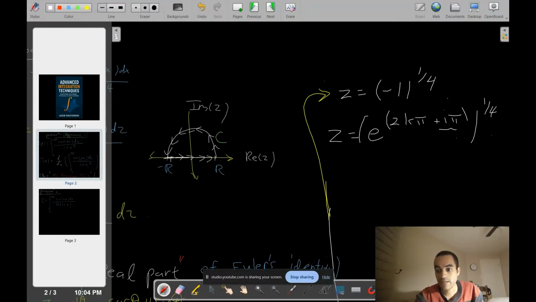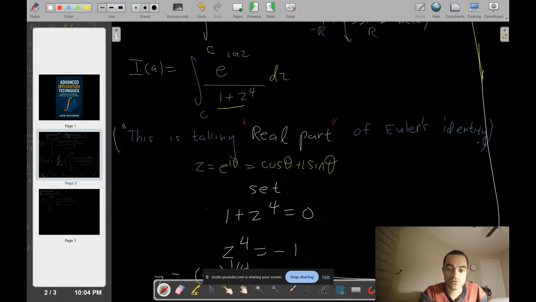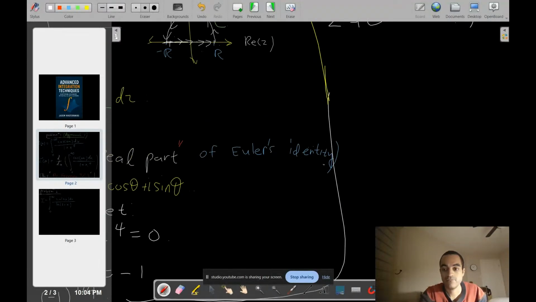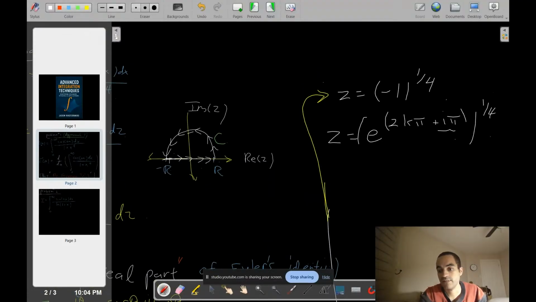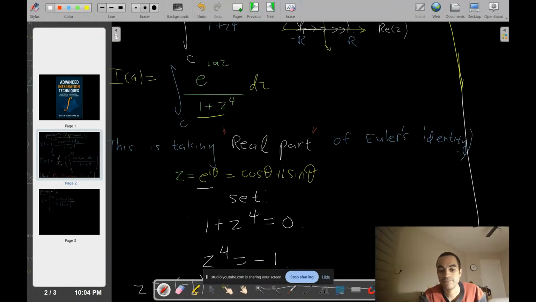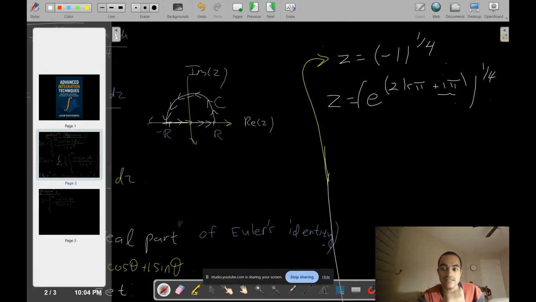Now it's i pi because if you look at Euler's identity, e to the i theta, theta would have to be pi to get cosine pi to be -1, for the z to the 4th to equal -1. That's what we need there. And any integer multiple of pi from 2k pi would yield sine to be 0. That's how I know that it's going to be e raised to the 2k pi plus i pi, and then it's all raised to the 1/4 because we took the 4th root on both sides of z.